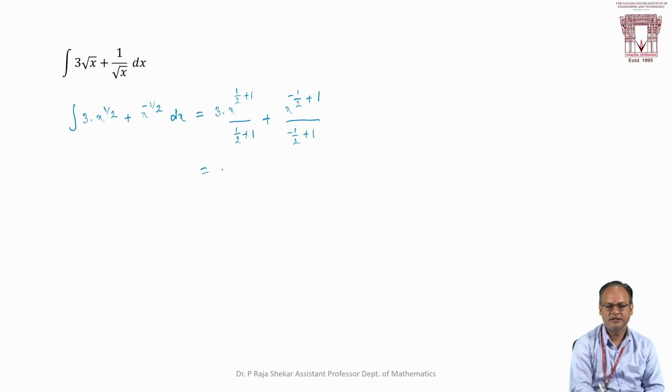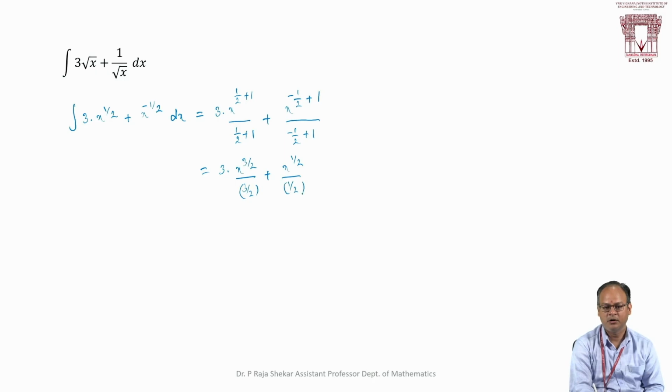So what is it? It is x to the power 1 by 2 plus 1, that is 3 by 2, divided by the same 3 by 2. Now it is minus 1 by 2 plus 1, which is 1 by 2. So it is x to the power 1 by 2 divided by the same 1 by 2.